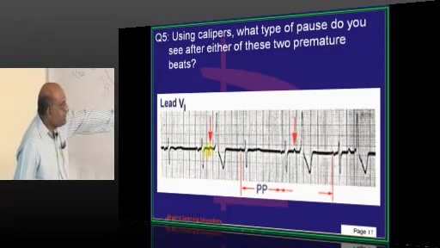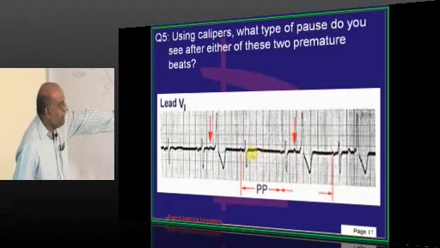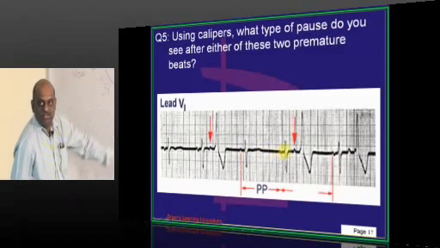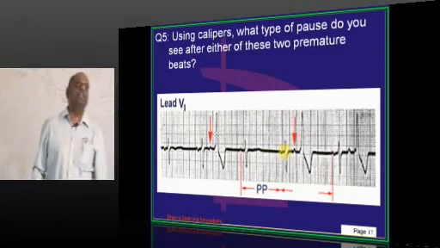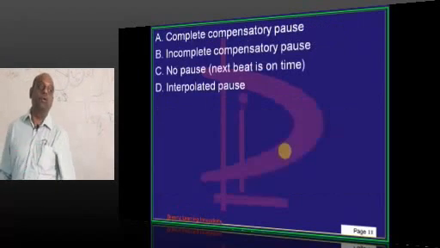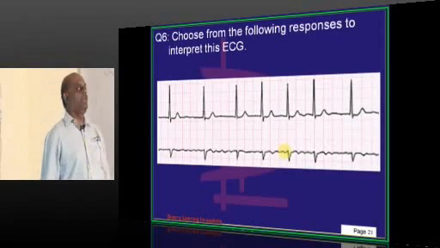If you calculate the distance between this P wave and this P wave, this distance is longer than the distance between the normal P wave and the next P wave after a normal QRS. So that is basically called what? Less than compensated pause is the name which is given.